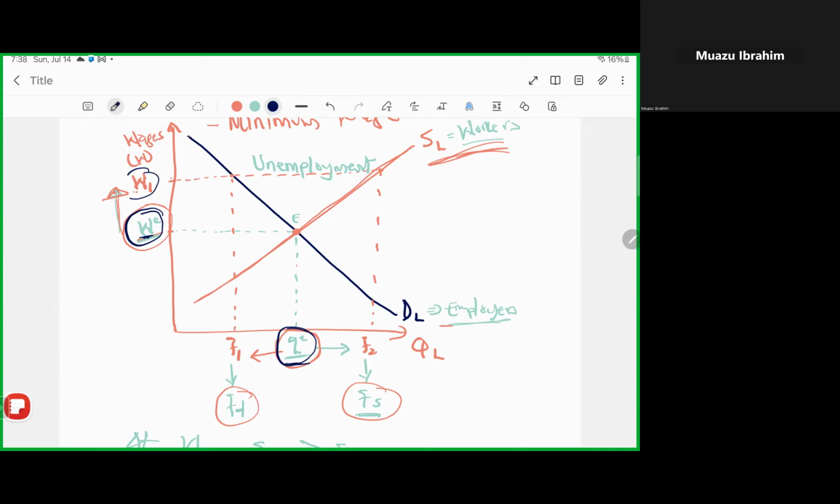Supply will move to a new point, because the corresponding wage has increased. So quantity supplied will increase from this particular side of the curve to this particular side.